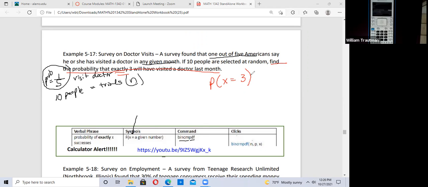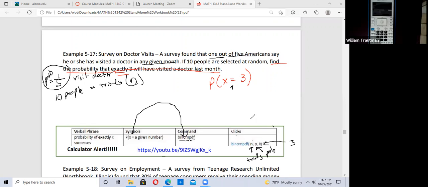When you see an equal sign in the problem for binomial, we use something called binomial PDF. Here is the number of trials, P is the probability, and X is the number of successes, or what we desire. We desire exactly 3 in this case.